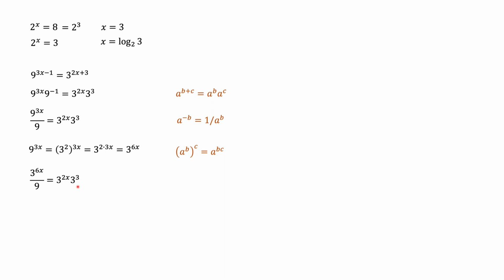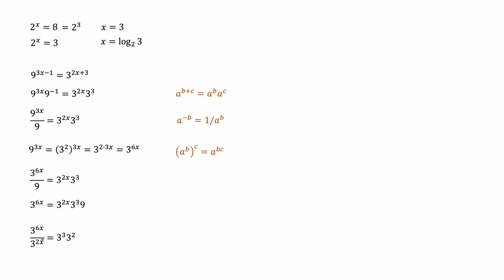And the next thing we're going to do, we're going to multiply both parts by 9. The next step is to divide both parts by 3 to the power of 2x. And that's what we're going to get. Now here I also use the fact that 9 is 3 squared. The next thing, we're going to use this formula again.